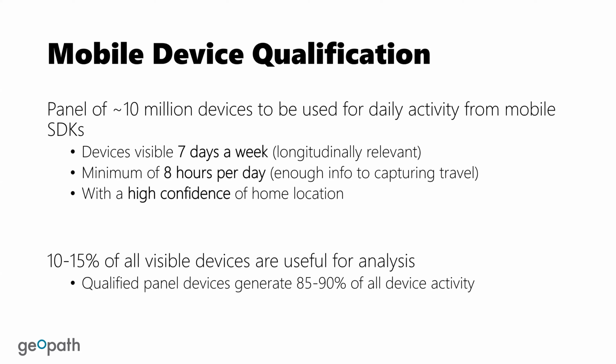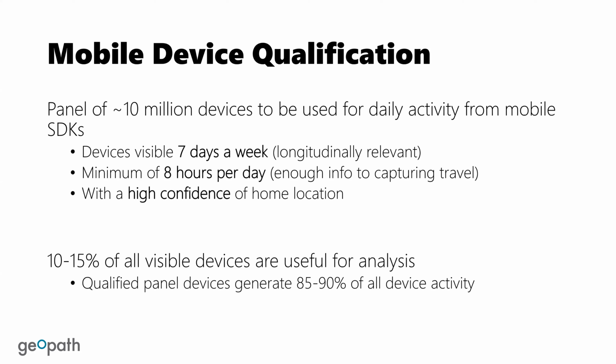So of the hundreds of millions of devices that are observed over any given month in any of these data sets that you're hearing about out there, we're seeing all of those as well, but many of those don't really provide any useful information for these types of metrics, because you may see a device only once a month.